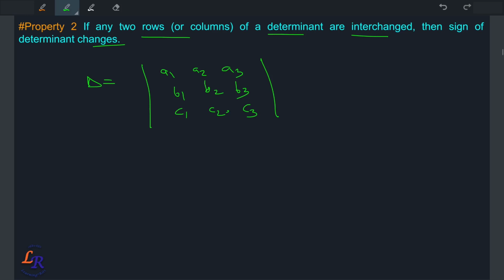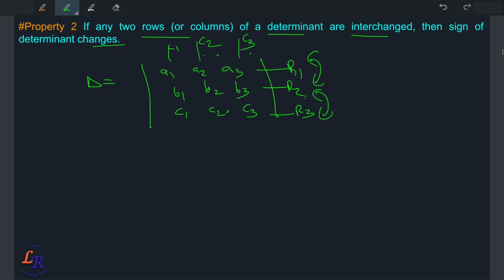If any two rows or columns are interchanged, like R1, R2, R3, or columns C1, C2, C3, for example R2 with R3, R1 with R2, C1 with C2, C2 with C3, then the sign of the determinant value will change.